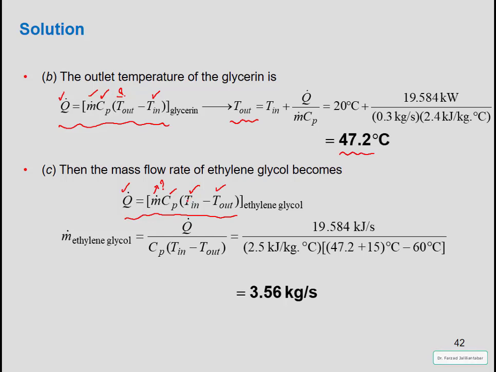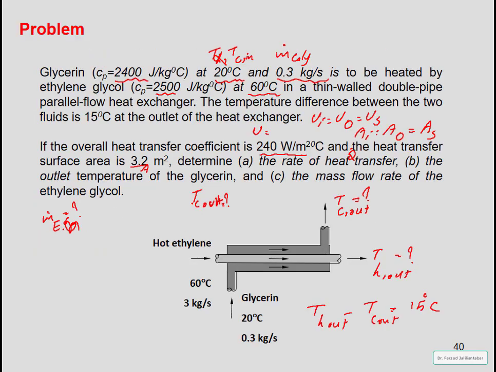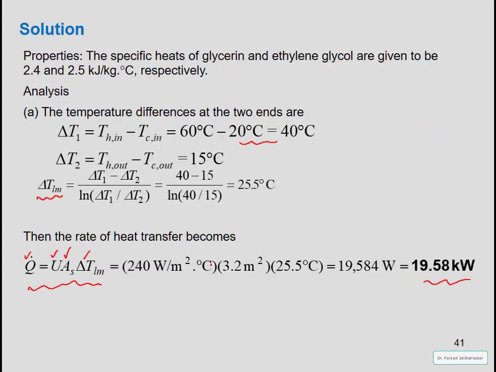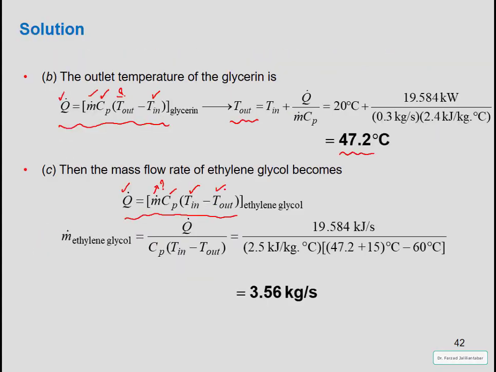The T in is known, as you can see here. T in for ethylene glycol is given, which is 60 degrees Celsius, but we don't know how much T out is.